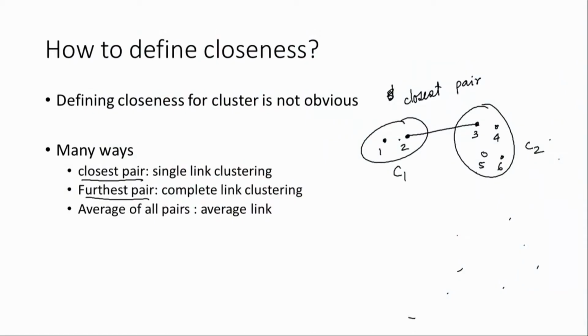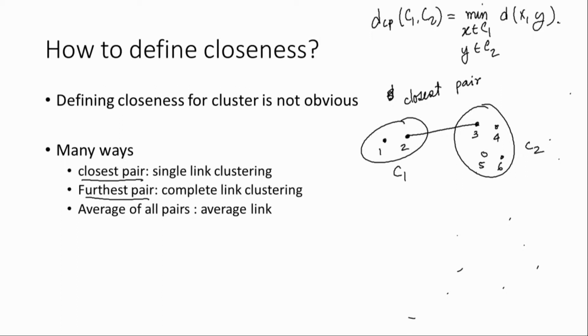The distance between two clusters is given between one of the elements in one cluster and the other element in the other cluster, the minimum distance between them. So formally, the D closest pair between C1 and C2 is defined as min of x belongs to C1, y belongs to C2, D of xy. Okay? So this is the closest pair distance.